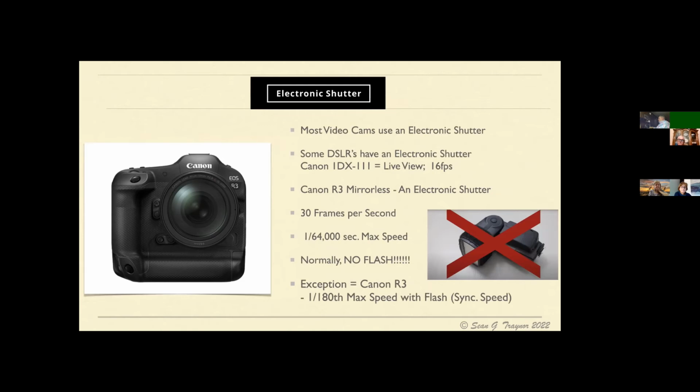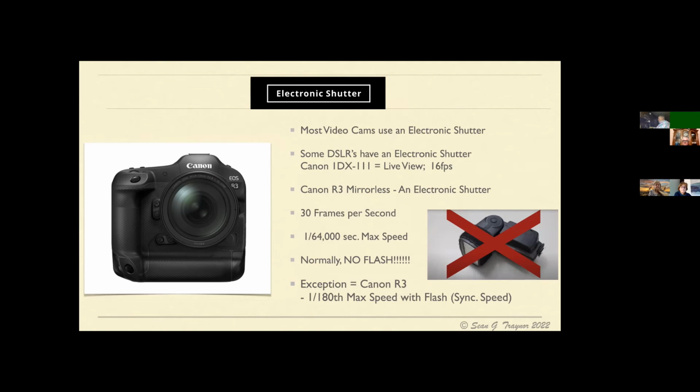But if we go to its electronic shutter, we see something different. By the way, most video cameras use an electronic shutter, as do other cameras, such as the Canon 1DX Mark III. In live view, it's recording at about 16 frames a second.